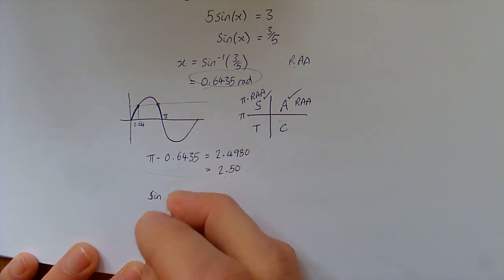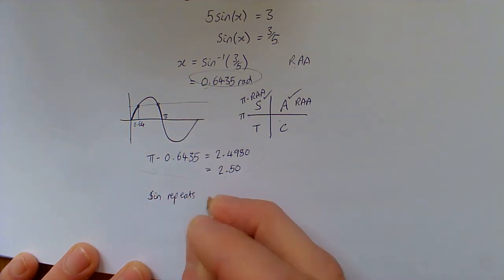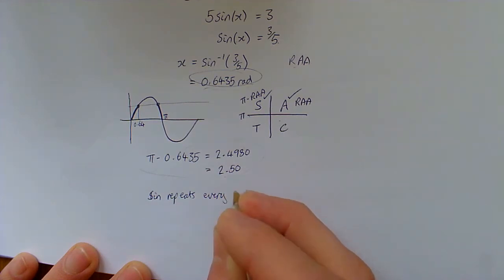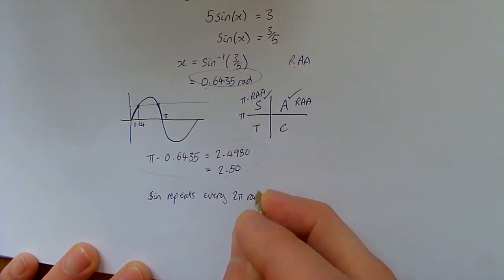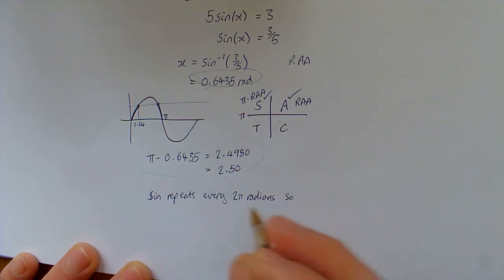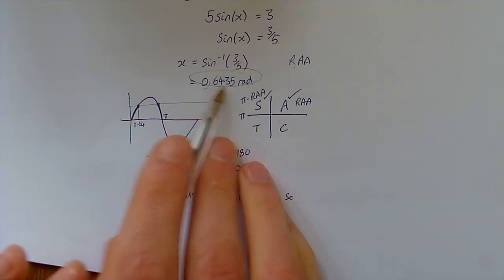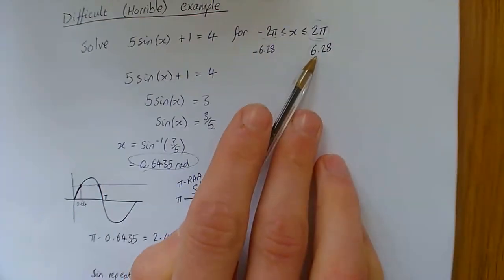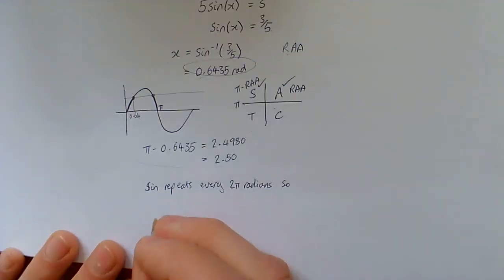So sine repeats every 2 pi radians. So, as I say, adding on 2 pi to this, you can give it a go, but you'll end up with something that's bigger than 6.28, so it wouldn't be in the range.